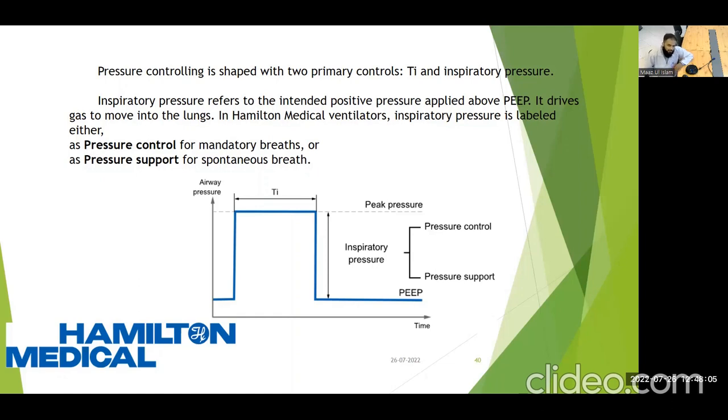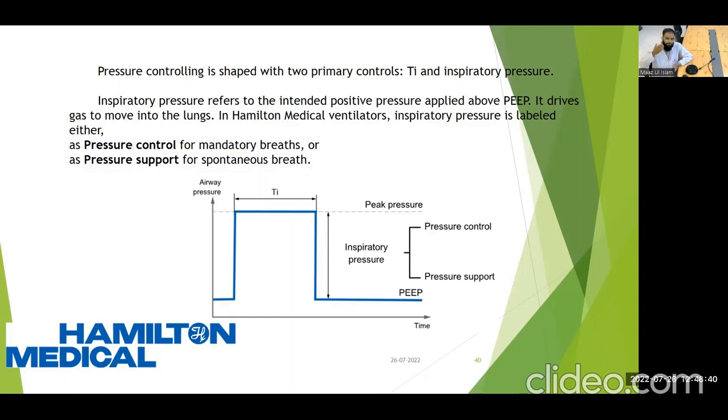So, what is a mandatory breath? We have also discussed before what mandatory breaths are. Mandatory breaths are basically ventilator cycled breaths. Basically, I have said that if we set the BCT of 3 seconds, then every 3 seconds the ventilator knows that it has to give pressure to the patient.